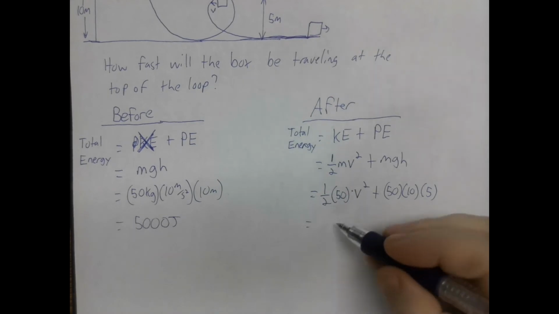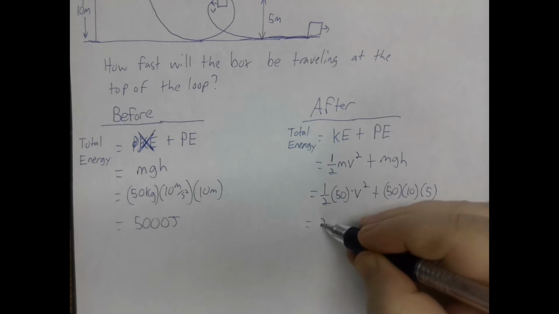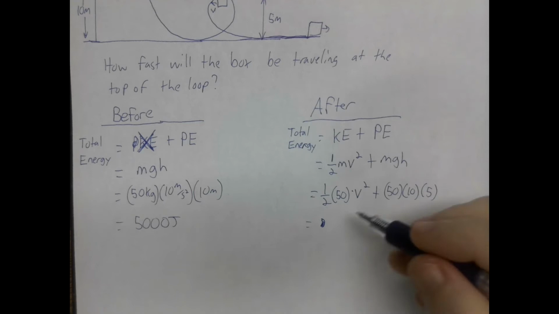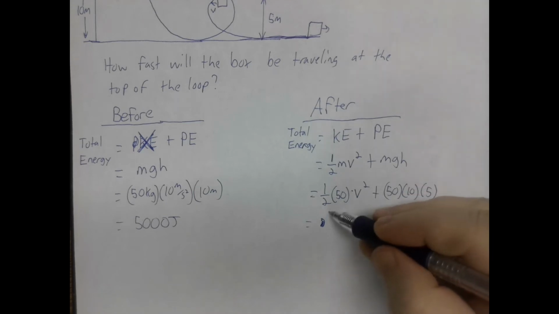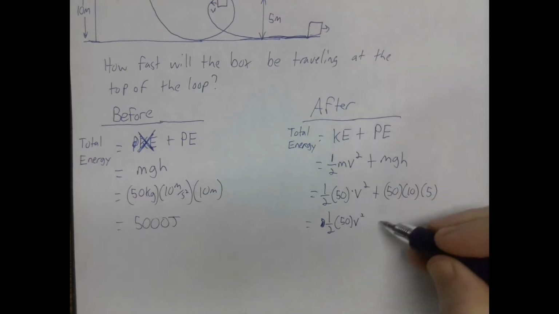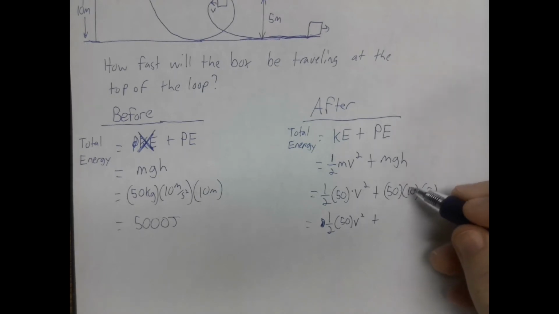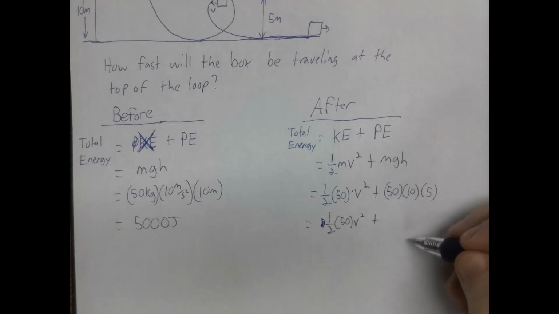So half of 50 is 25. I'll keep it written like this for right now. So 1/2 mv squared plus 50 times 10 times 5, 2,500.